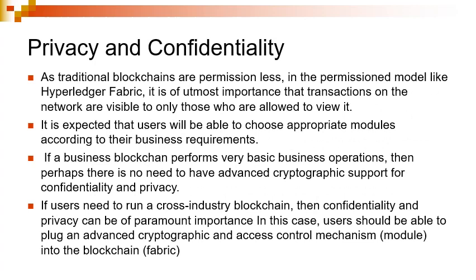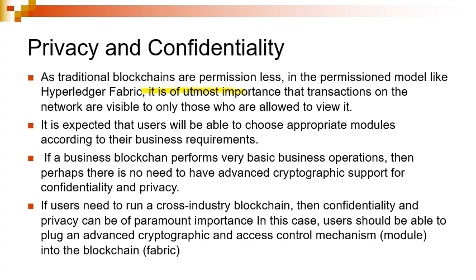Then privacy and confidentiality. Traditional blockchains are permissionless blockchains, while Hyperledger follows a permissioned model. We know Hyperledger is a permissioned, private blockchain. In Hyperledger Fabric, it is of utmost importance that transactions on the network are visible only to those who are allowed to view them. So you can read this sentence again.